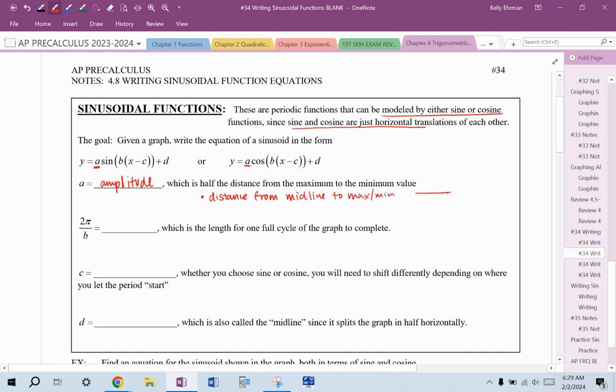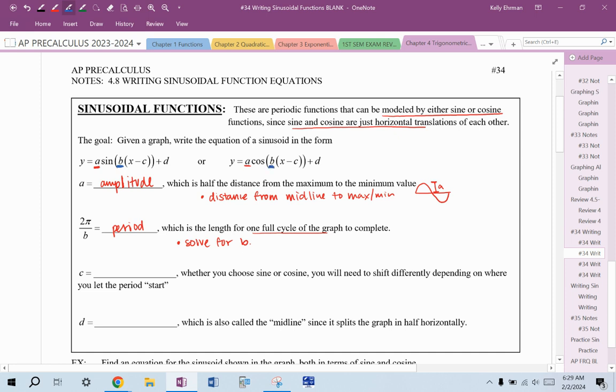So remember, for a sine curve, this distance here is A, or from here to the bottom. And then 2 pi divided by b finds the period, which is the length of one full cycle of the graph. We've been looking at that for a while now. Our goal will be to solve for b, because the whole idea of writing this equation is figuring out what all of these coefficients are.